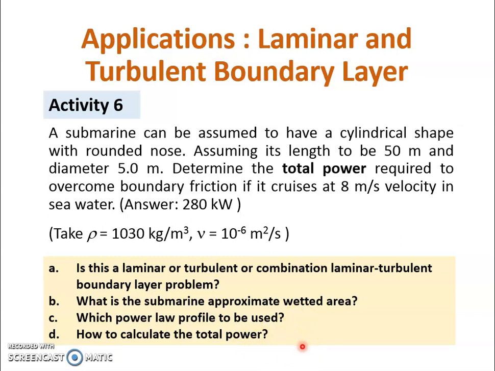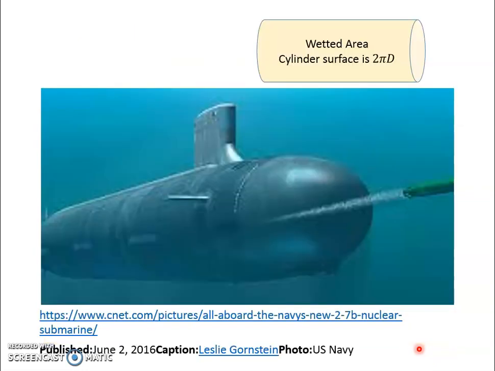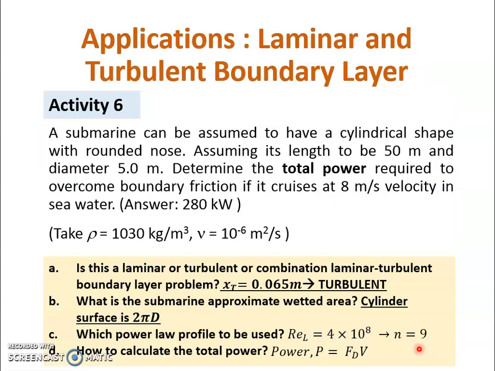It's just the drag force FD times the cruising speed, that is 8 meters per second, of this submarine. This is how you can calculate the wetted area, the cylinder surface of 2 pi d. This is all the answer that I have given to you.